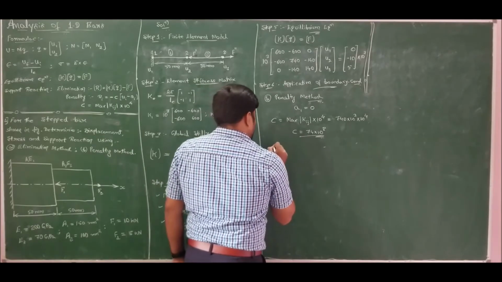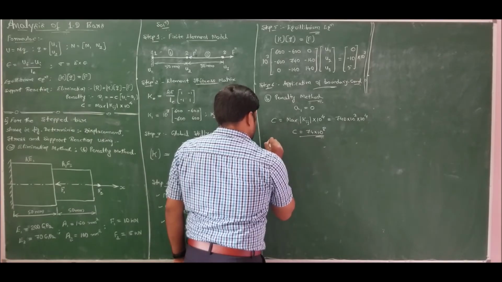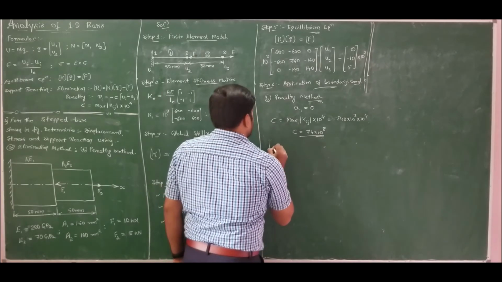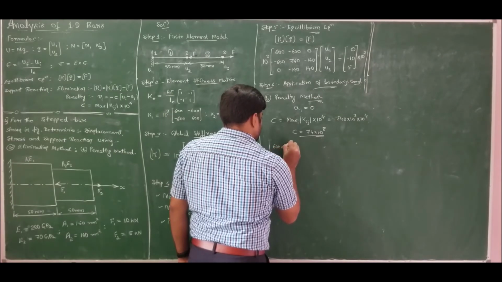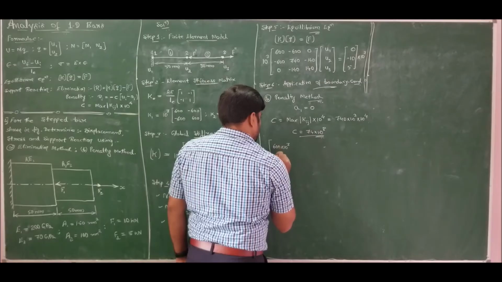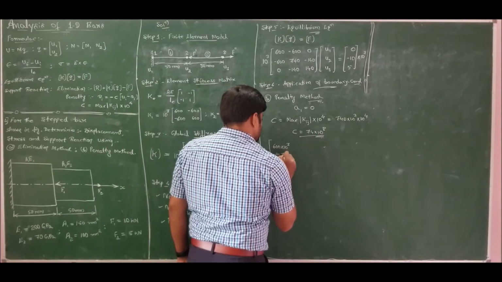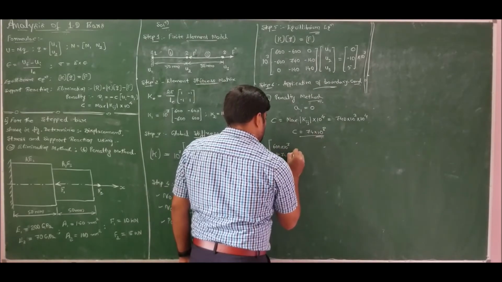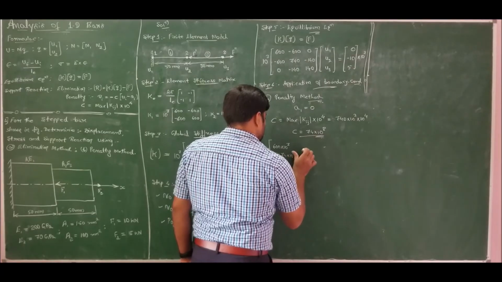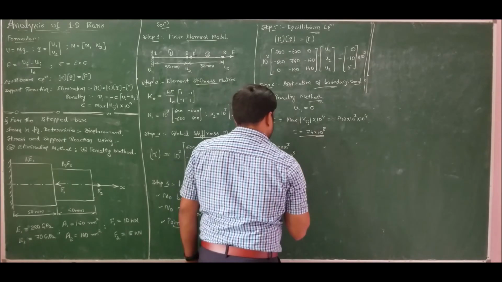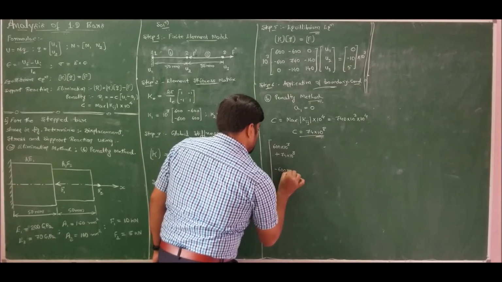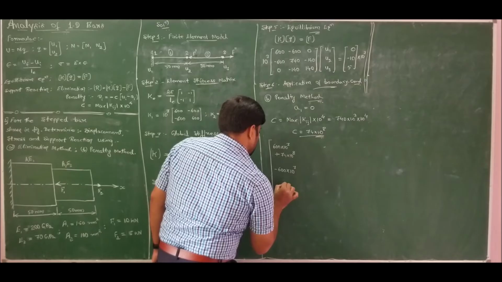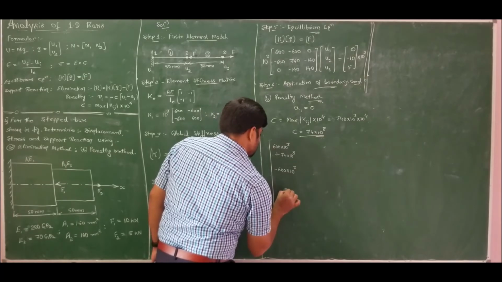So by applying the penalty method boundary condition, we end up with K11. K11 is 600 times 10 to the power of 3 plus 74 times 10 to the power of 8. Then we have minus 600 times 10 to the power of 3 and 0.